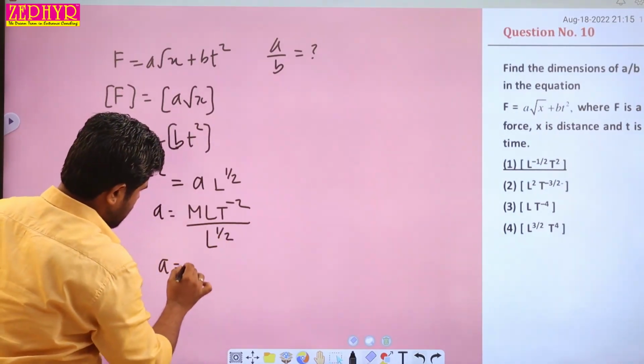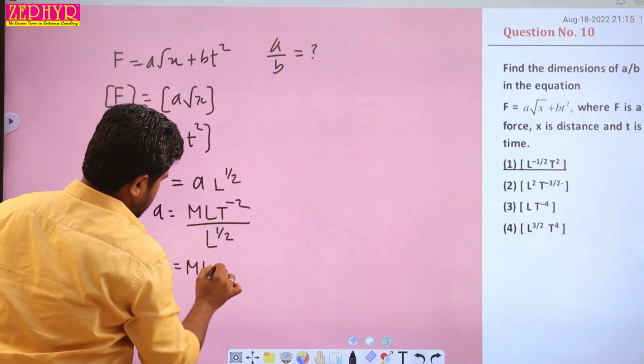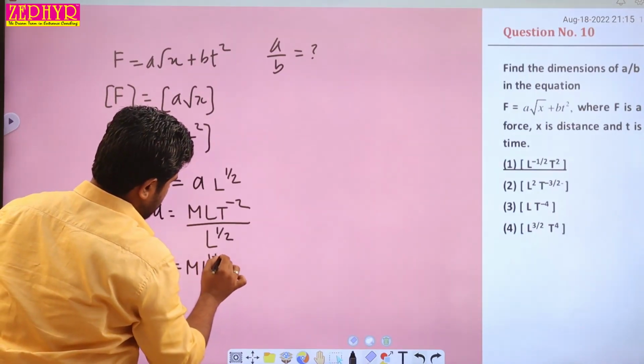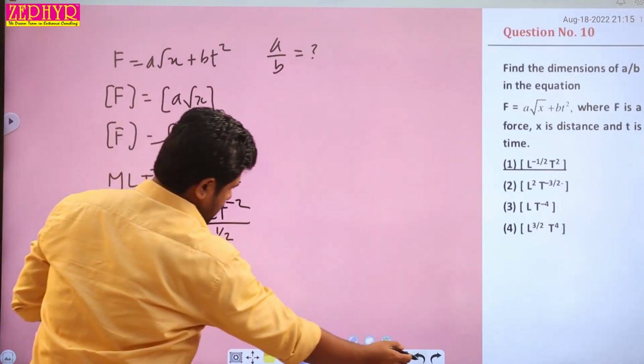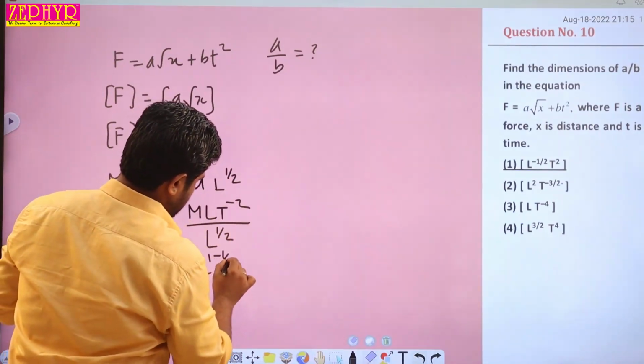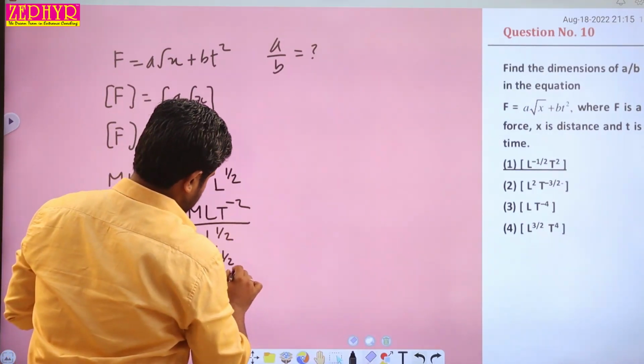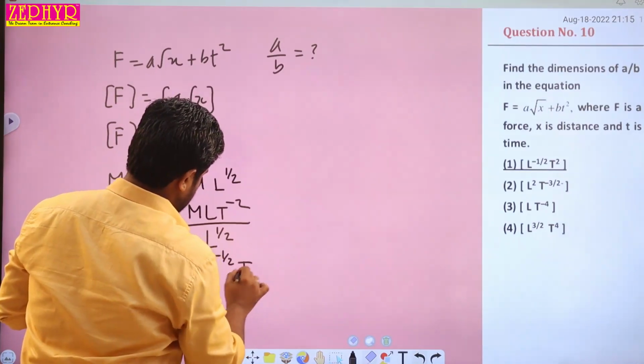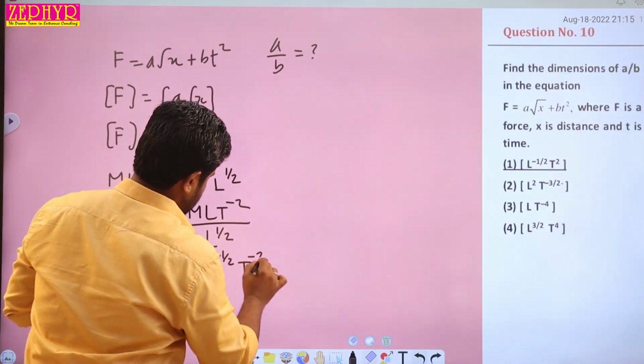So A is equal to M L raised to 1 minus 1 by 2, T raised to minus 2.